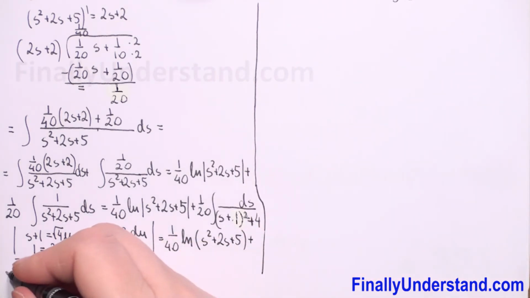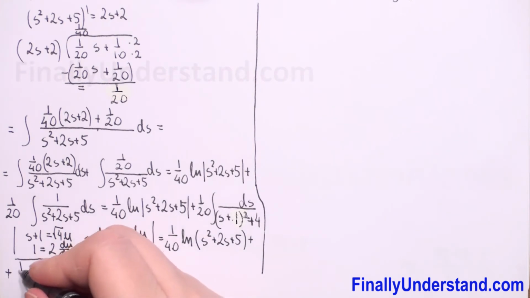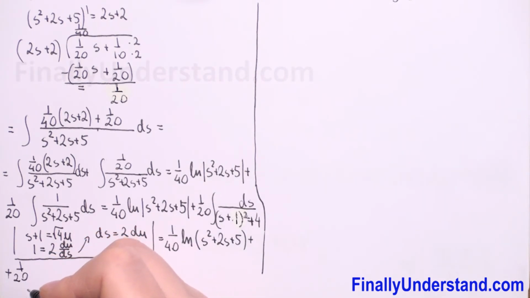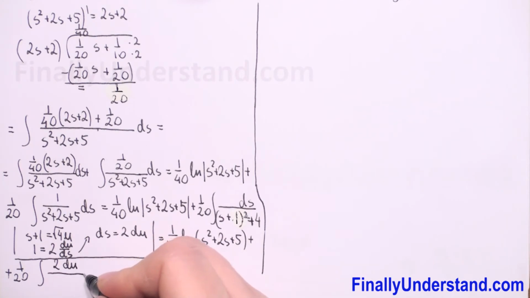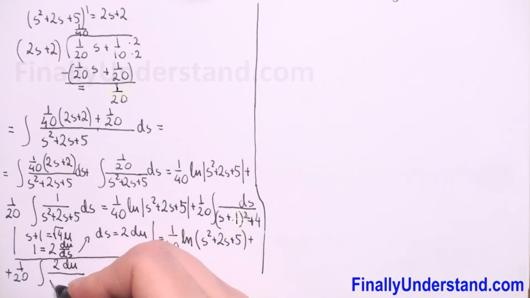And we have plus 1 over 20, and we have the integral of ds equal to du over, and s plus 1 we have to replace by square root of 4 u, to second power plus 4.